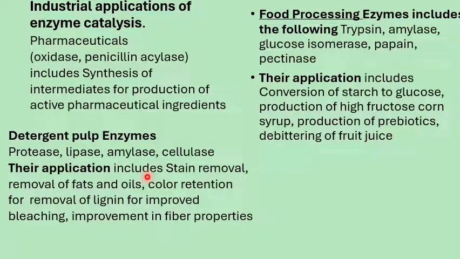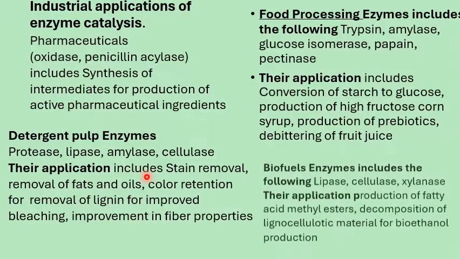Some of these enzymes are also used in the bleaching of lignin, and they help in the improvement of fiber properties. Some of these are applied in the paper industry. They help to provide white paper for the production of books and all that.